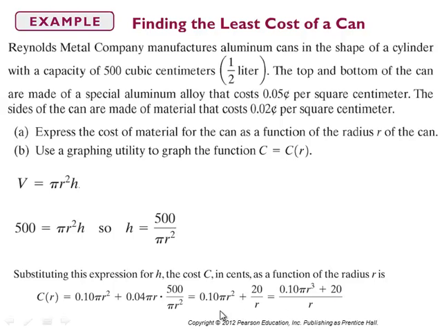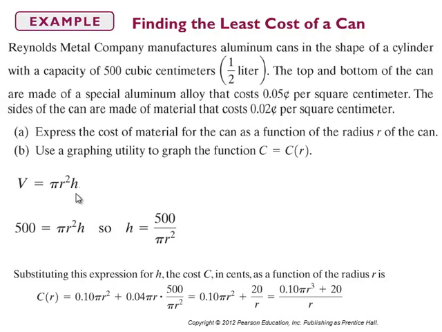So now you've got this expression after you simplify, and if you would like to get a common denominator of r, you can multiply this first term by r over r, and when you add the two fractions, this is what you get here. And lo and behold, your cost function is now only a function of r. You had to use a constraint function from the volume having to be a specific value.